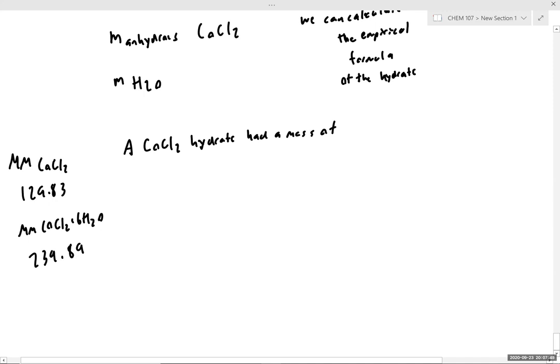Okay, so our cobalt chloride hydrate had an initial mass of 0.6141 grams.